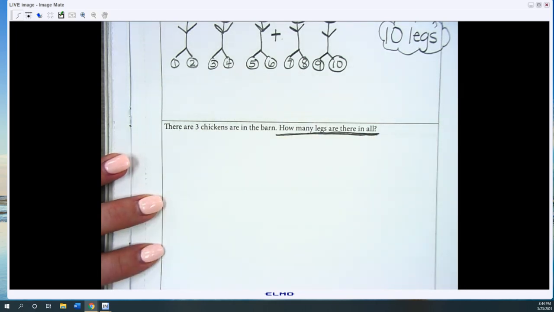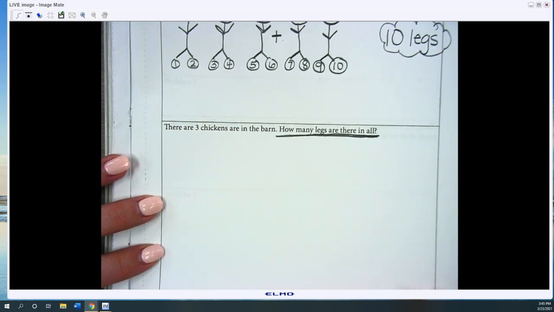There are 3 chickens in the barn. How many legs are there in all? The first thing I'm going to do to help you is I want you to decide how many legs does one chicken even have? Okay, so I'm going to have you do that one on your own, and then you're going to flip the page.